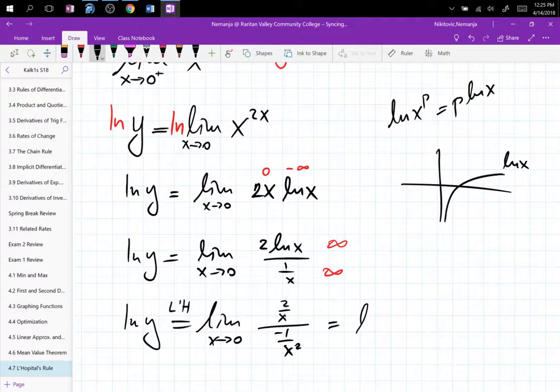This further is the limit as x goes to 0, and then x squared will cancel, so it's negative 2x, which is 0.